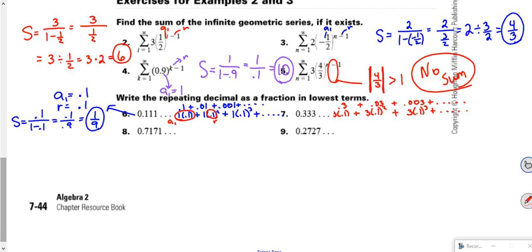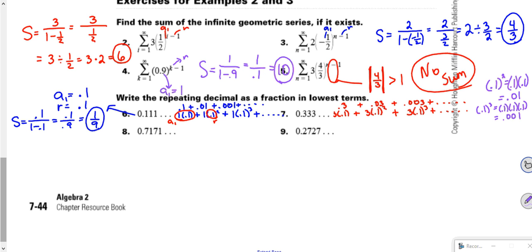One thing I want to point out: 0.1 squared is of course 0.1 times 0.1, so that is 0.01. You'd have to have 2 places behind the decimal. Same thing with 0.1 cubed, which is 0.1 times 0.1 times 0.1, which is 0.001. That's why we're increasing our exponent on our 0.1. Just wanted you all to understand that.